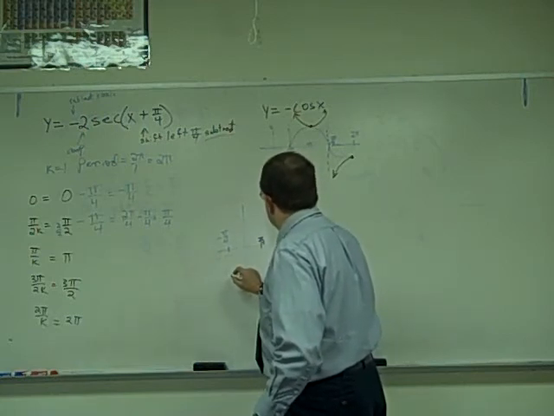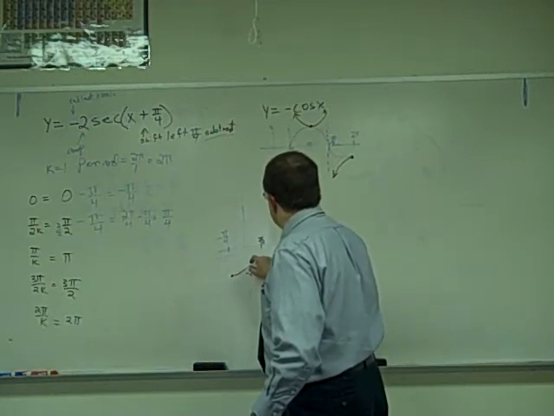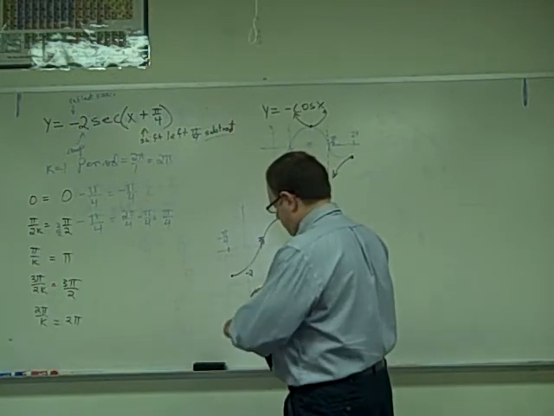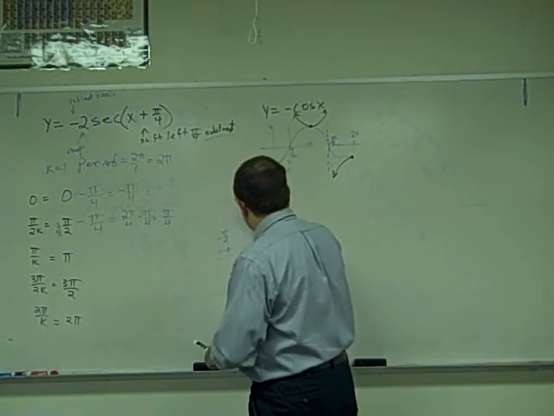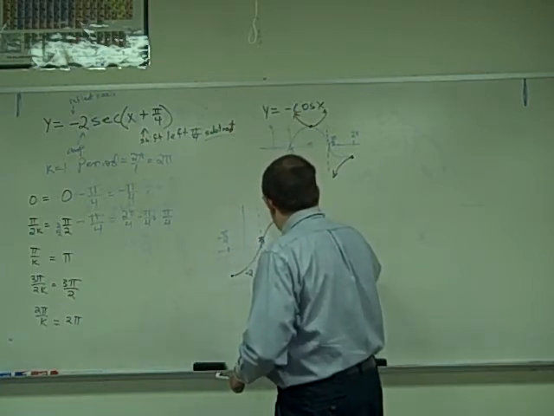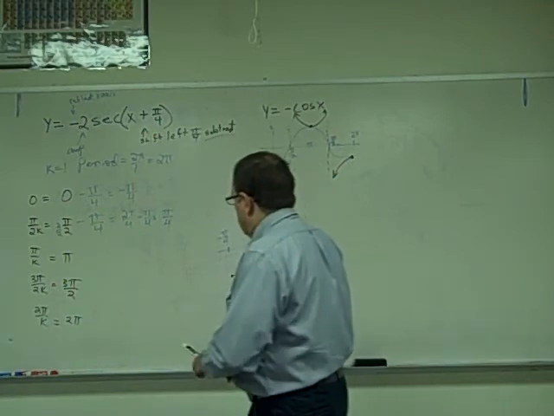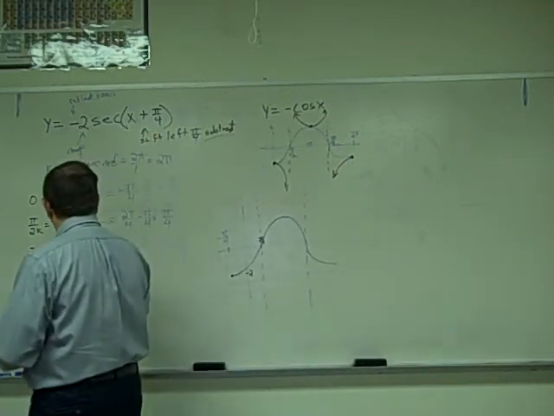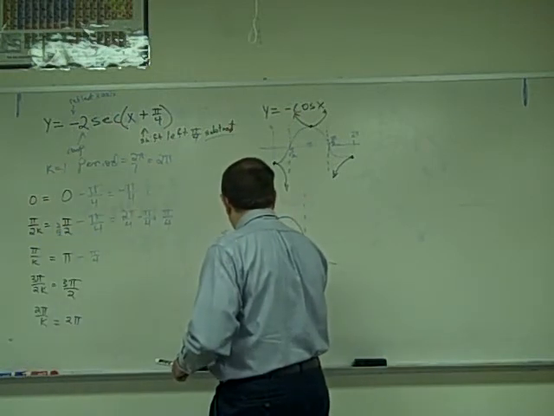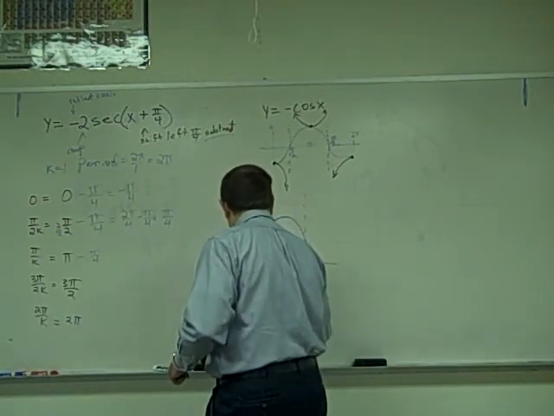Since cosine is going to go through there at pi over 4, that means we need what there? An asymptote, right, at pi over 4. Okay, and then here we got pi minus pi over 4. So we know that so far our graph is doing this.